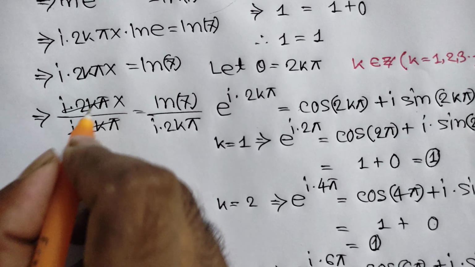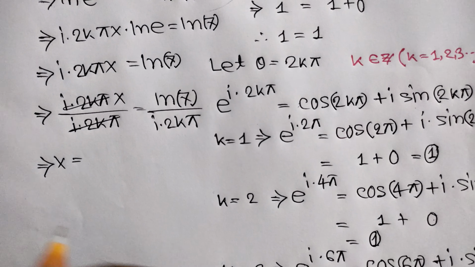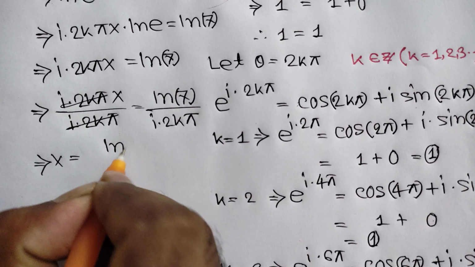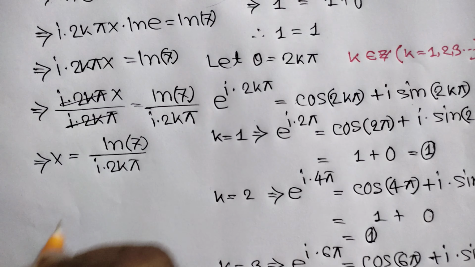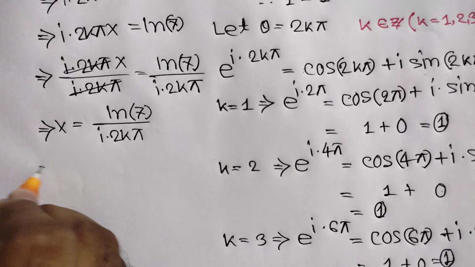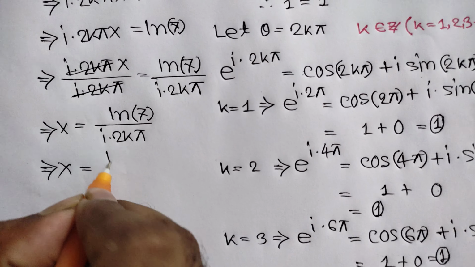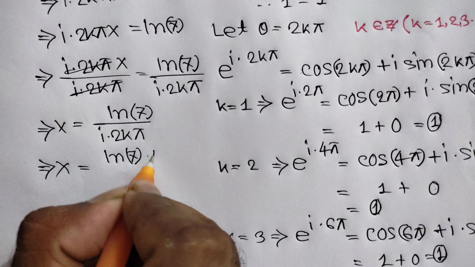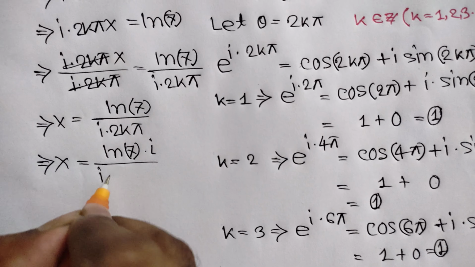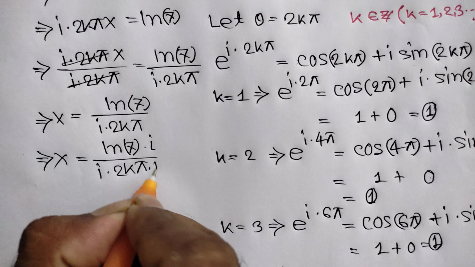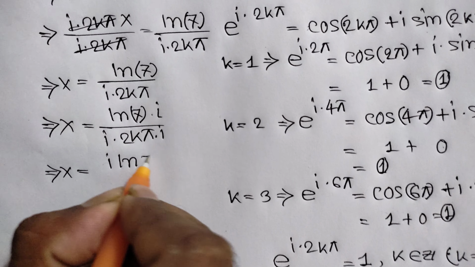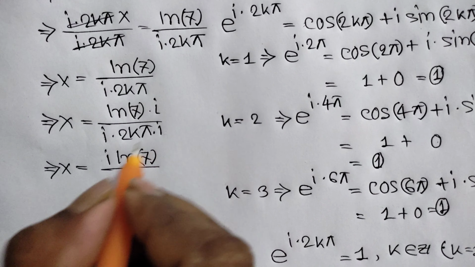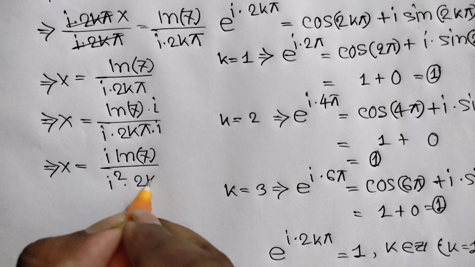Now this cancels out this, so here we will get x is equal to ln of 7 over i times 2k pi. Okay, or x is equal to, now we can write here ln of 7 times i over i times 2k pi times i, or x is equal to i times ln of 7 over, we know i times i is i square, times 2k pi.